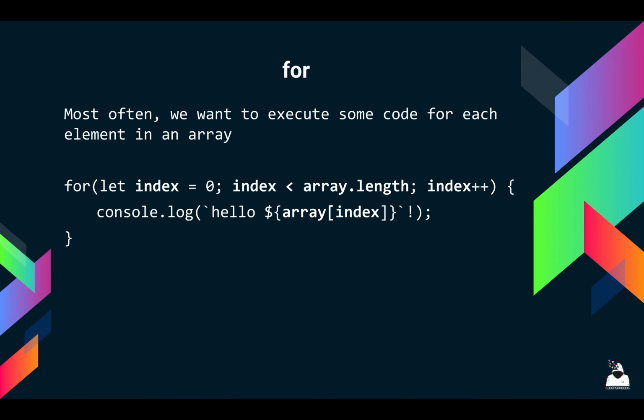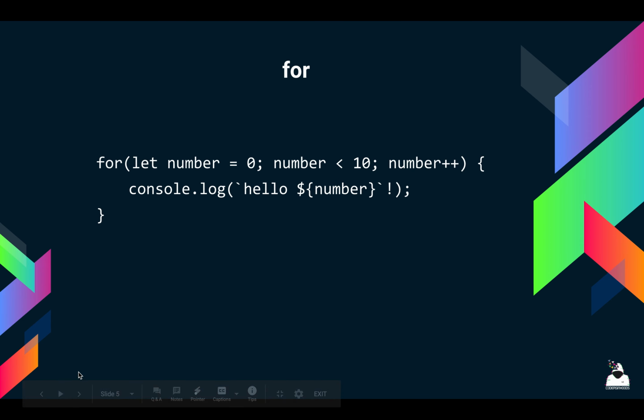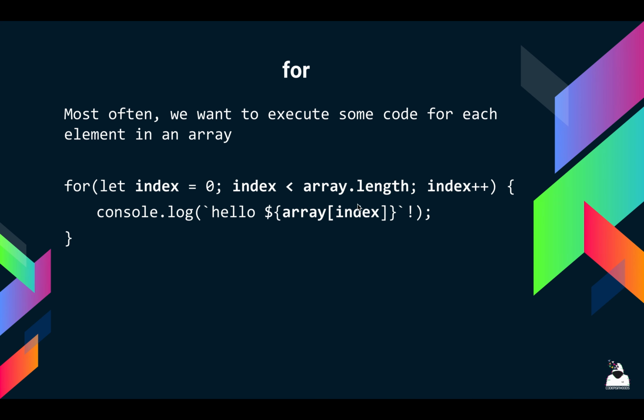So most of the time you will want to do something for each element in an array. It's not uncommon that you'll do something like this. You have a number somewhere and you just want to do something 10 times, you want to do something 50 times. It's not that uncommon. But that number is probably linked to an array. So it's the number of items in an array.